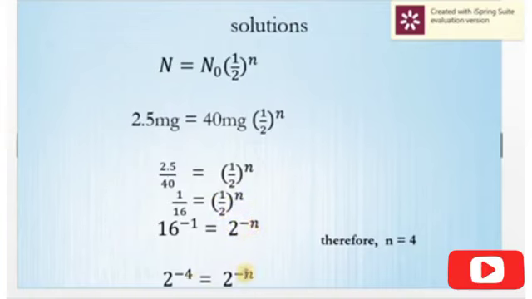Since the bases are the same, we are saying negative n is equal to negative 4. We can divide throughout by negative 1. Therefore, the number of half-lives is equal to 4. This is one of the ways in which we can determine the number of half-lives.